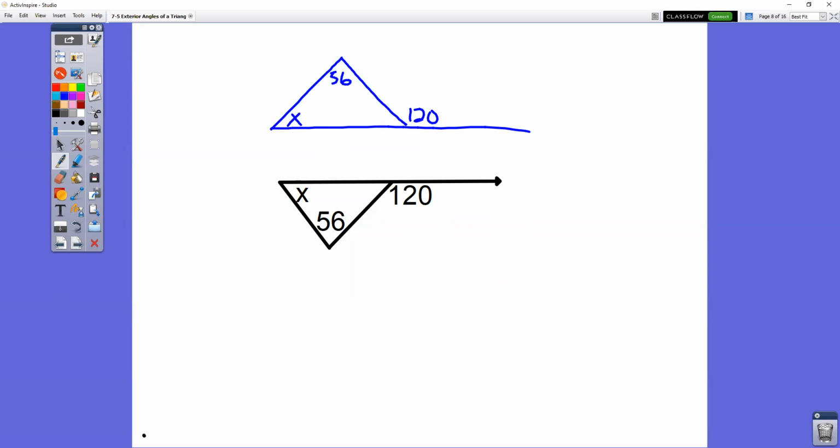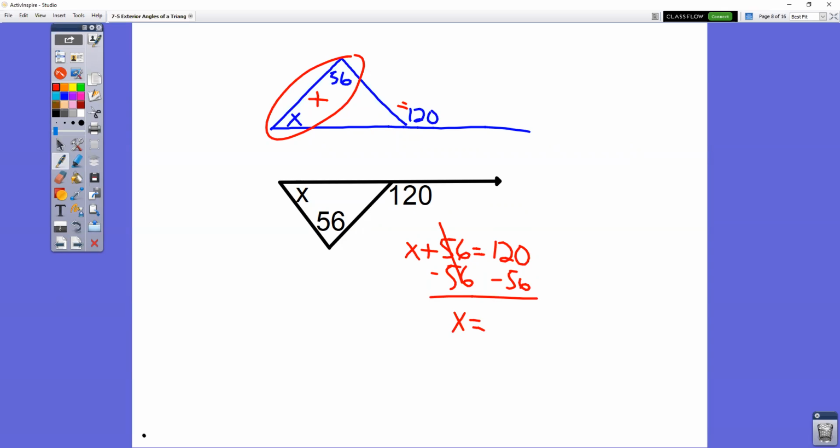So if they give you a picture that's drawn upside down or drawn sideways, you could either turn your paper or just redraw it. Now, when you go to solve it, again, these two inside angles added together give you that outside angle. So x plus 56 equals 120. Minus 56 minus 56.